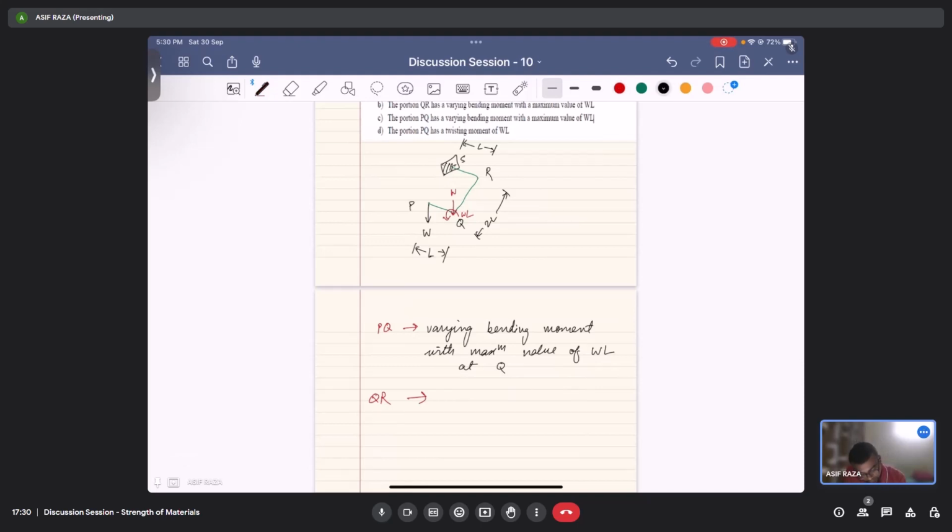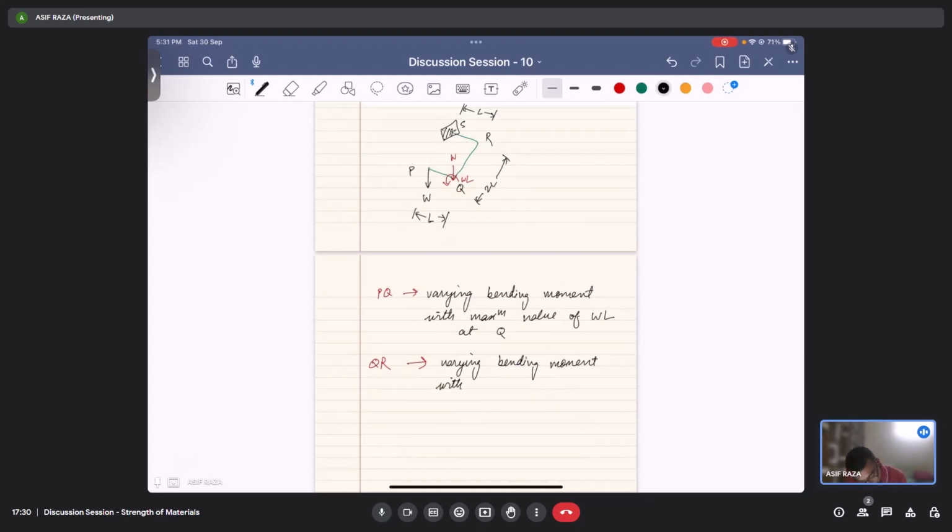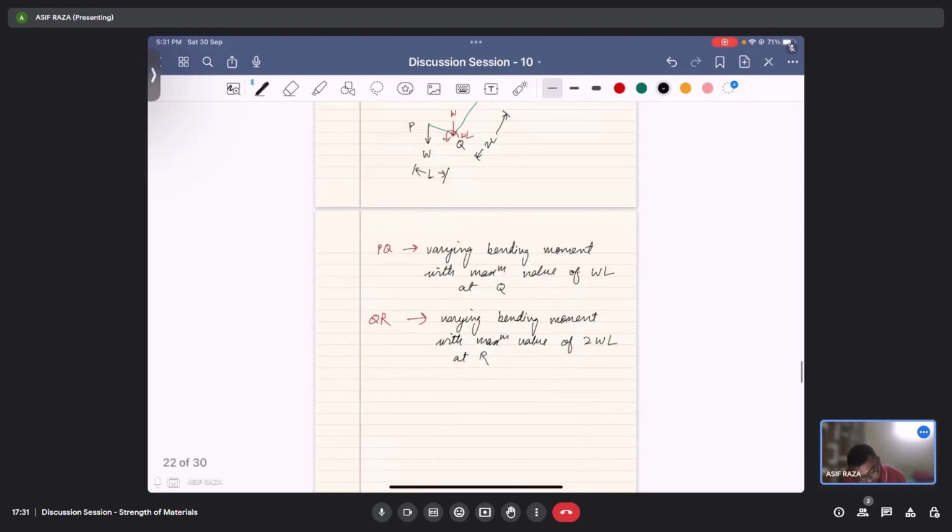So for QR, a varying bending moment would be there because of the vertical load acting downwards, with a maximum value of 2WL at R, and a constant twisting moment of value WL.